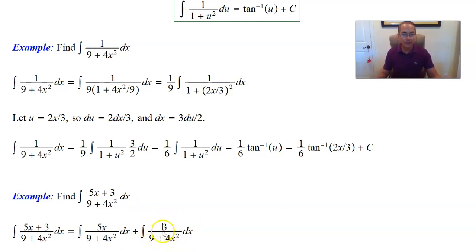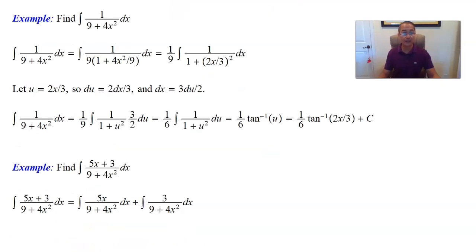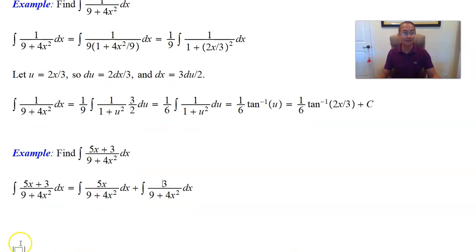This we already know, sort of, because we have this example, and all we do is change the 1 to a 3. So we just copy this down and we multiply by 3. Oh, convenient. 3 times 1 over 6, that's 1/2. The first term, we don't quite know, except we know how to do a u substitution.